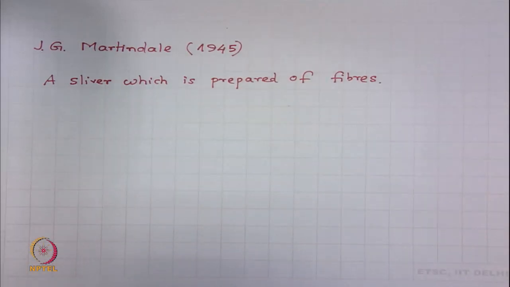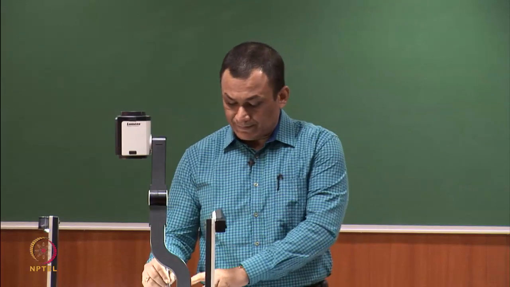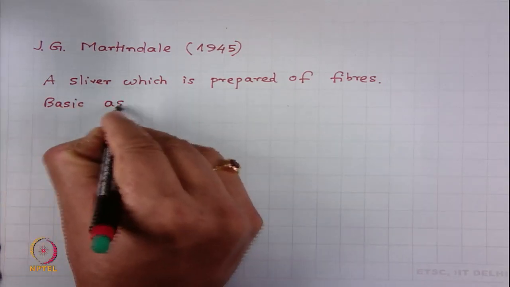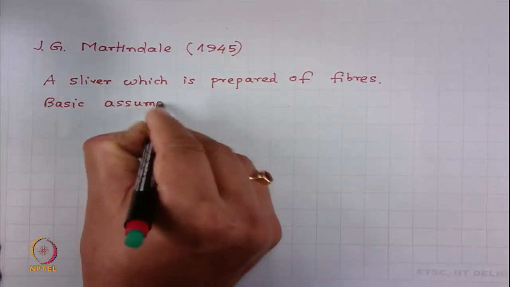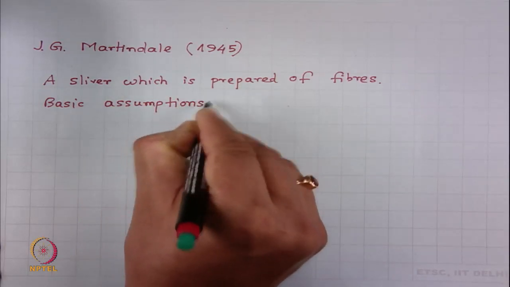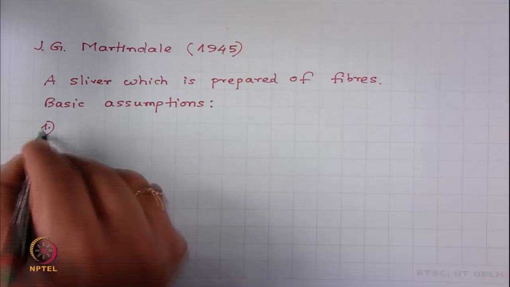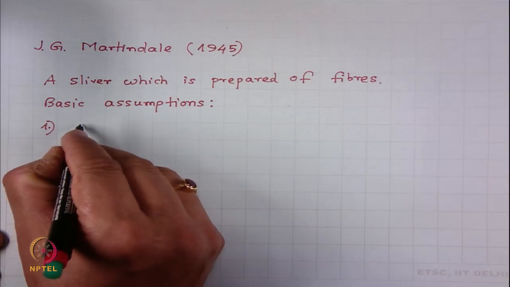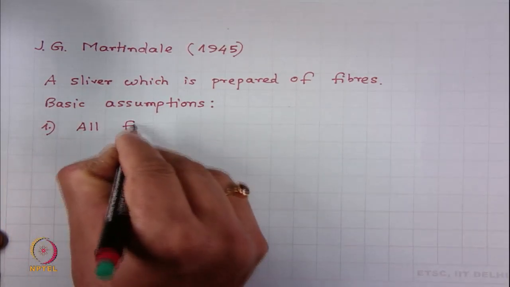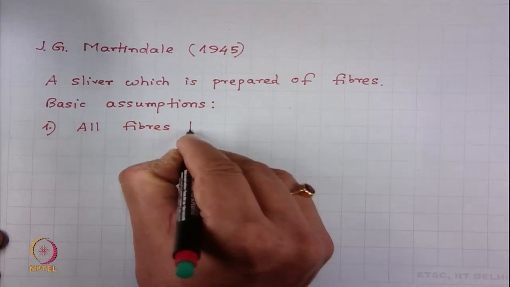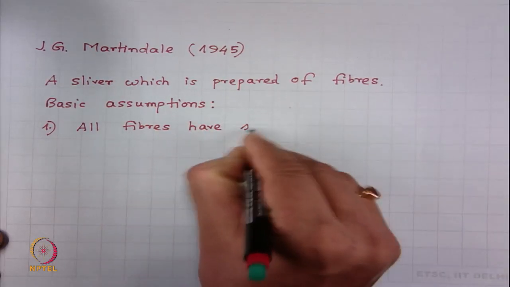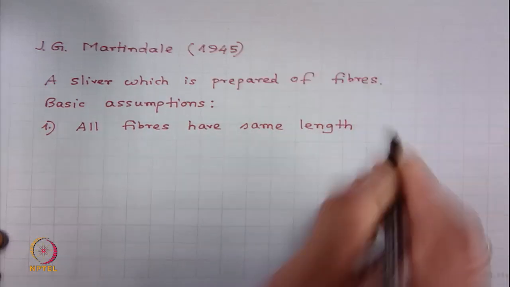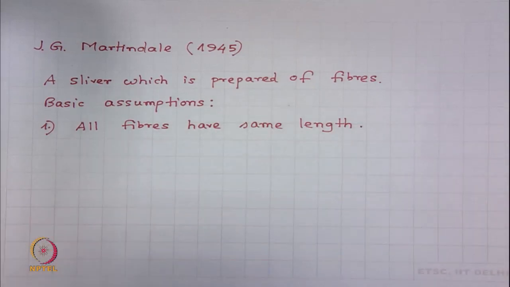Then he introduced certain basic assumptions. First assumption, what he thought is, all fibers have same length. This was his first assumption.